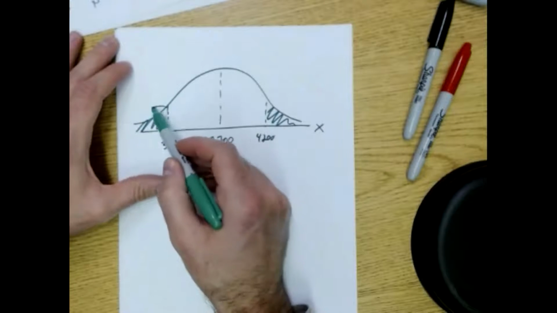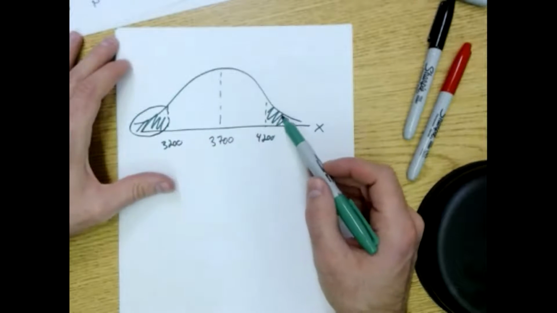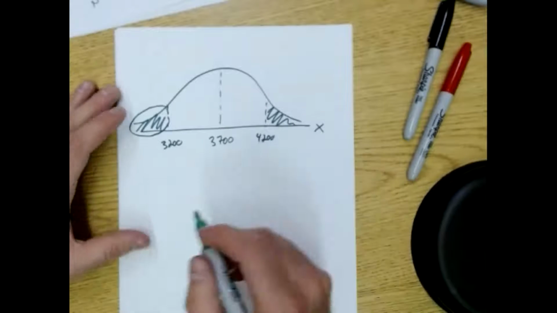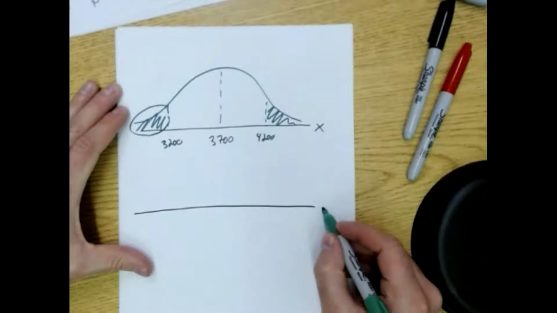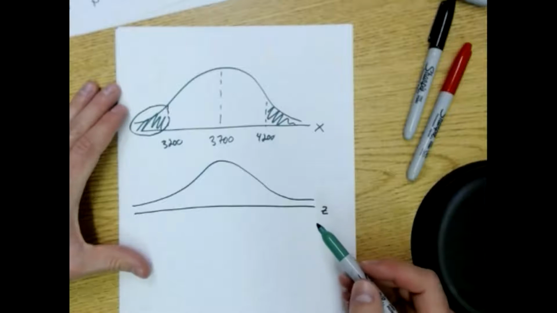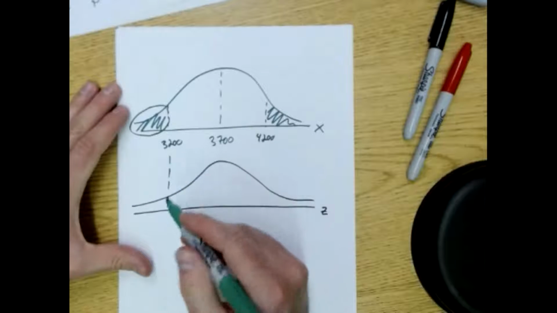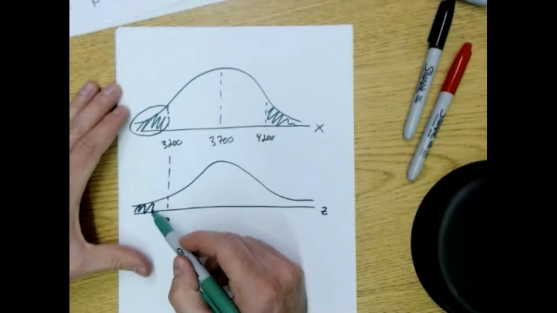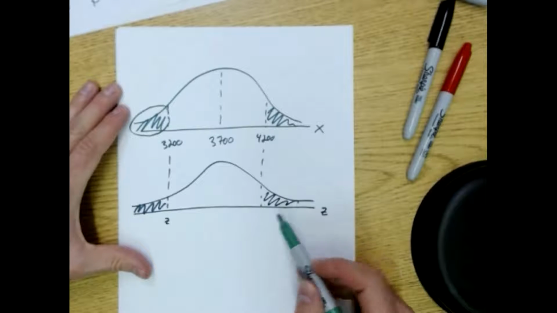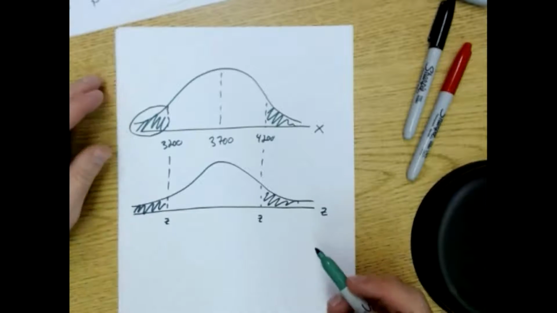So as soon as I find one of them, I actually could just multiply that area by 2 or add it to itself, and I would have the other one as well. So I'll work through that and show you. So what we're going to do is first turn that value of 3,200 into a Z value, find the area to the left. We could turn 4,200 into a Z value, find the area to the right.